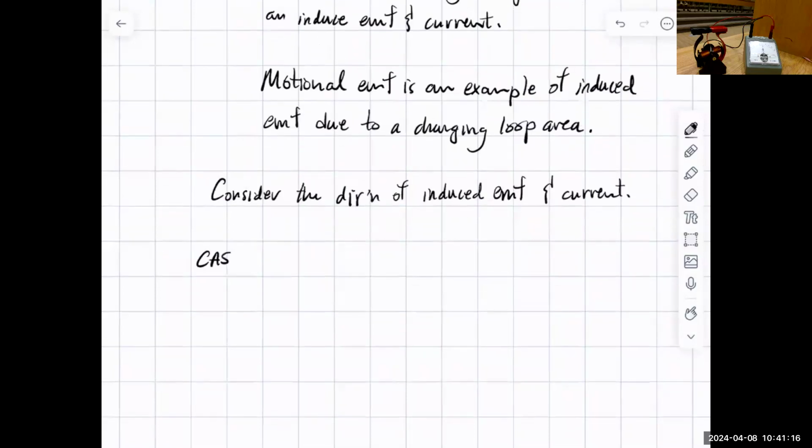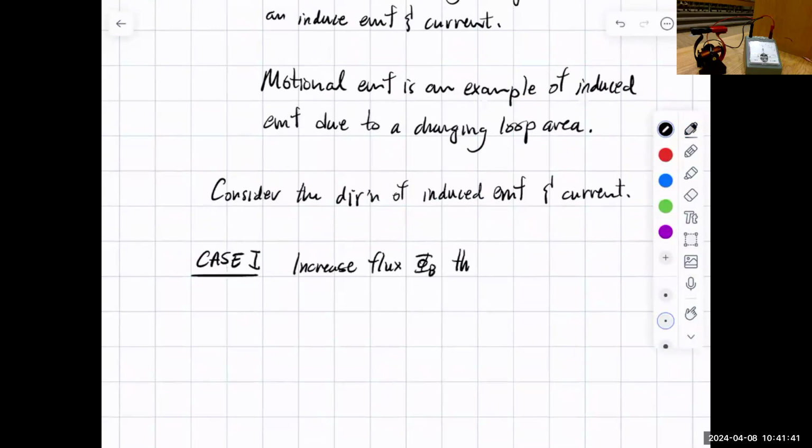So there's two cases. The first case is the one that we've been talking about already. We're going to pull this bar in our motional EMF example to the right so that the area of our loop increases. So this first case is we increase the flux by B through a loop.